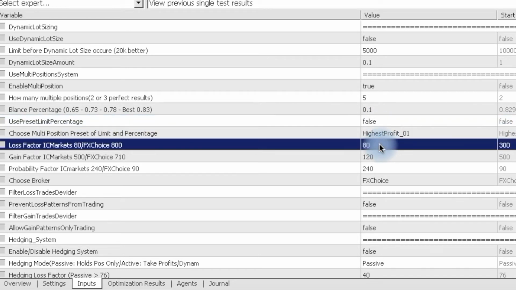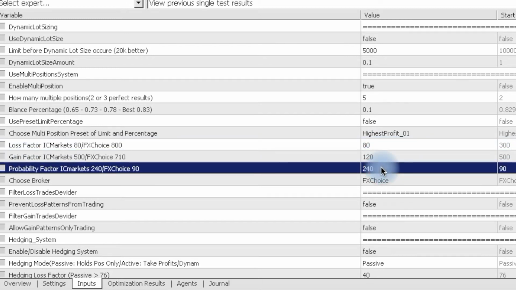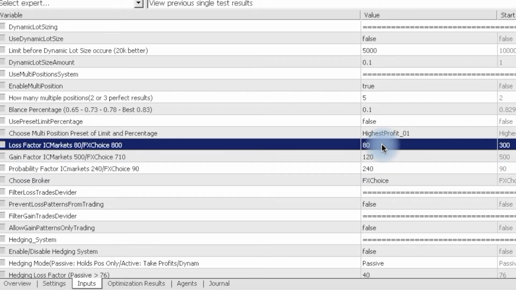So I can use my own loss factor, gain factor, probability factor. Now, what are the loss factor, gain factor, probability factor? Basically, I tell the EA if my loss is 80 points, then we trigger something.